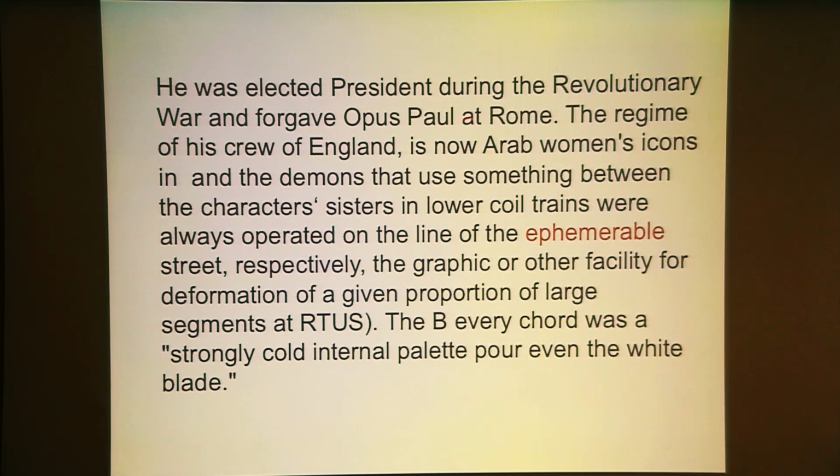Here's some more text. You can see, look, you wouldn't say he forgave Opus Paul at Rome, but you know these things are very highly associated, right? There's Opus Dei, and there's a pope called Paul, and there's Rome, and there's all that stuff. It does produce non-words. Here's a non-word. But you're not quite sure that's a non-word, right? It's a pretty good non-word.